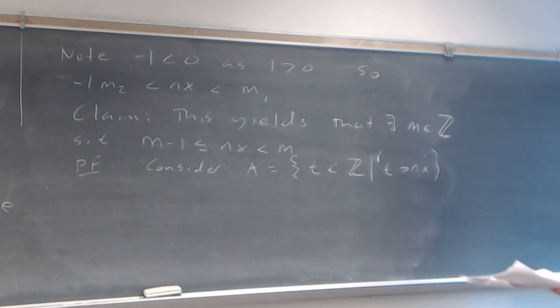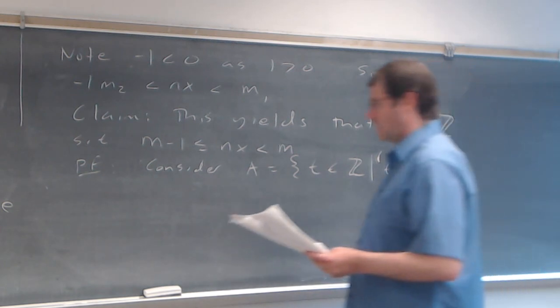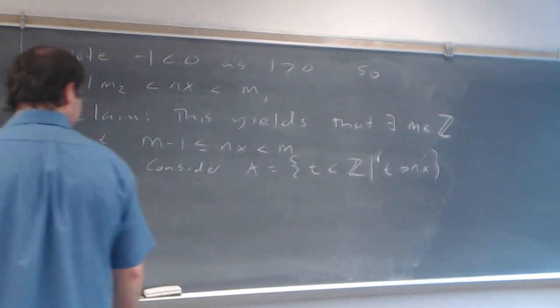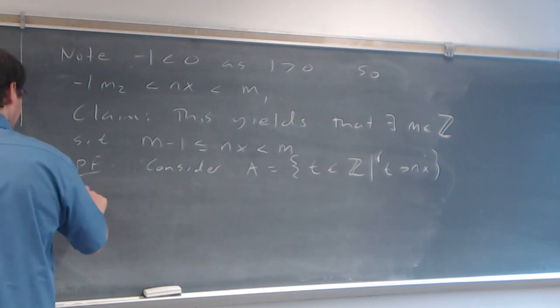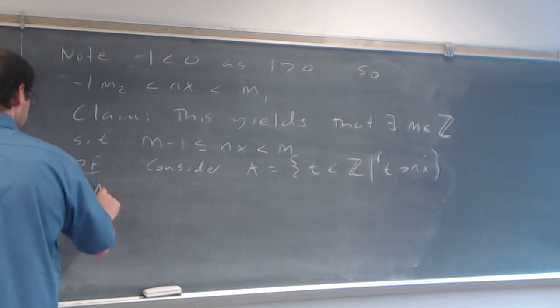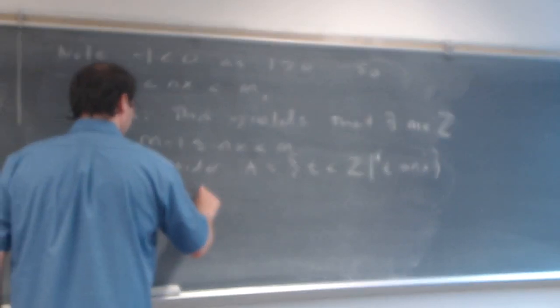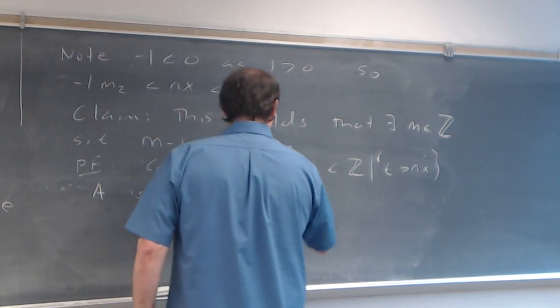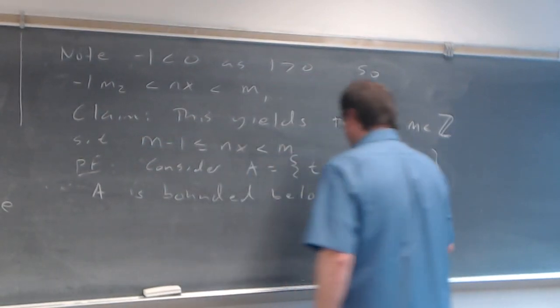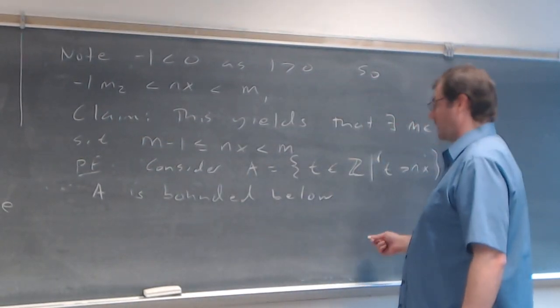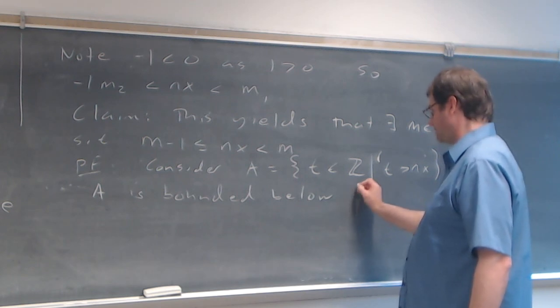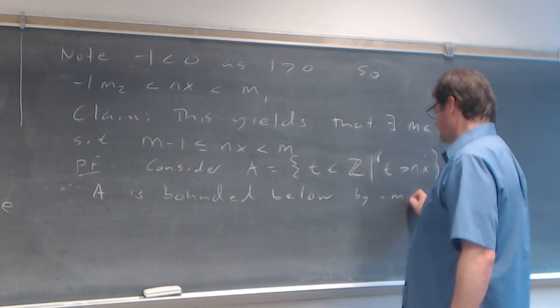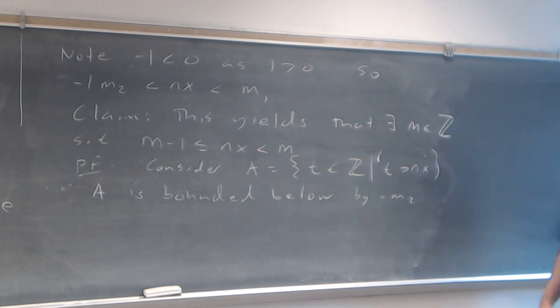So we're just talking about integers that are bigger than n times x. Okay? All right. So we've got this set. Now, this set is bounded below. Okay? And it's bounded below by, if you will, minus M2. Okay? From our work previously.